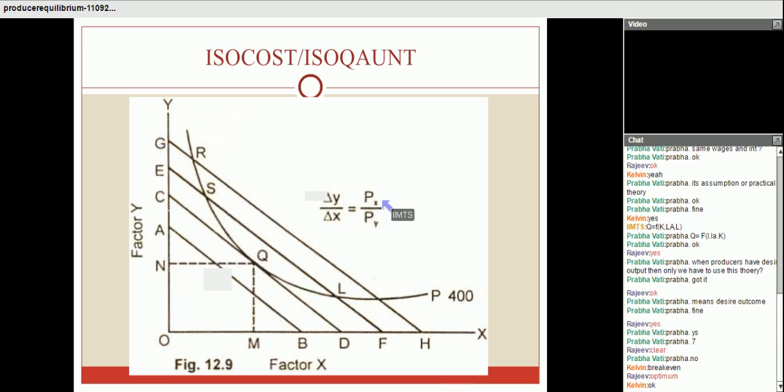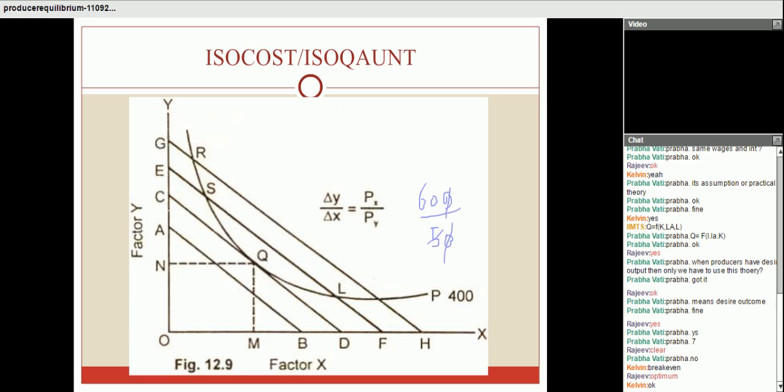Like, if the price for labor is 600, and the price for capital, the interest which he'll have to pay, maybe 50 rupees per 1000.